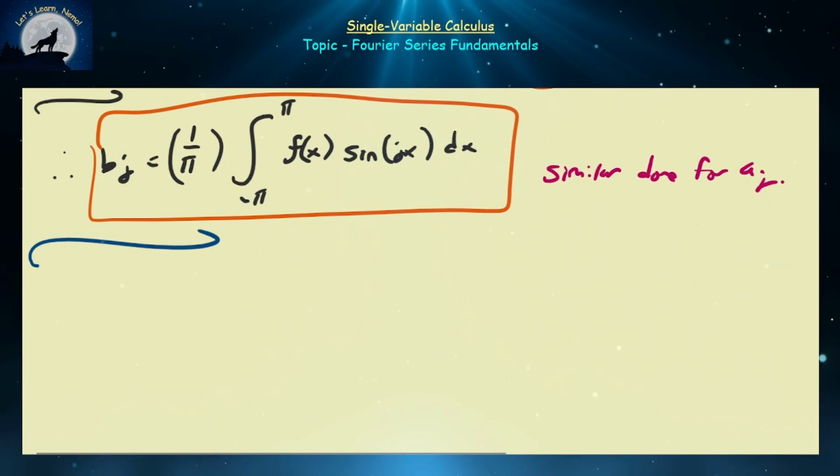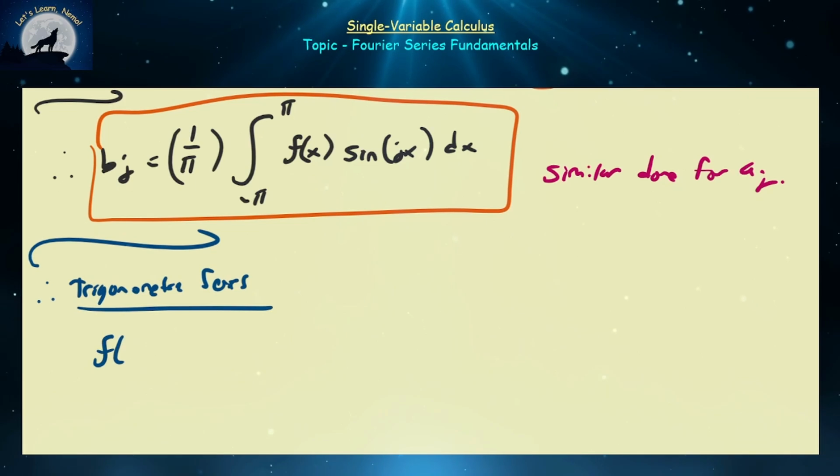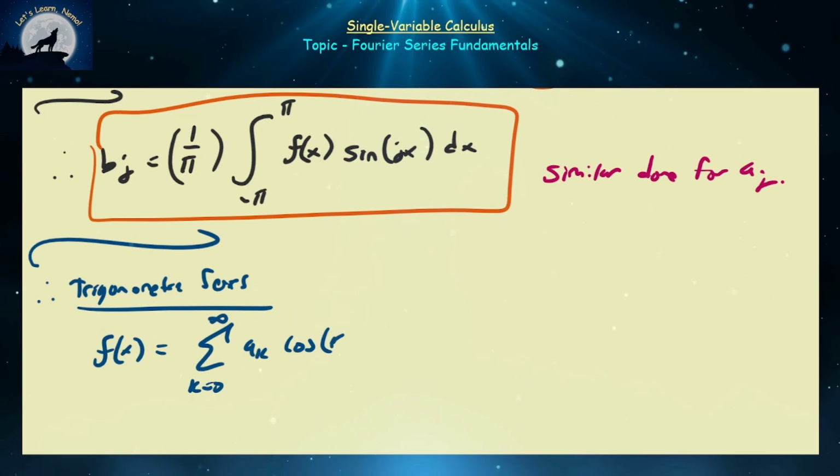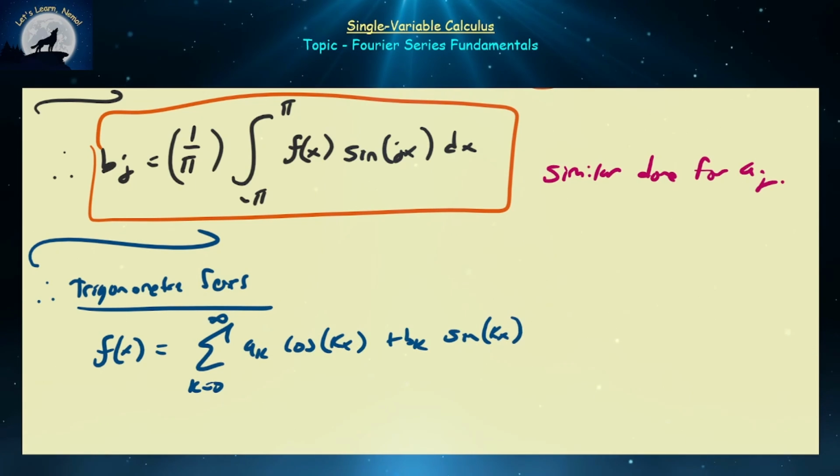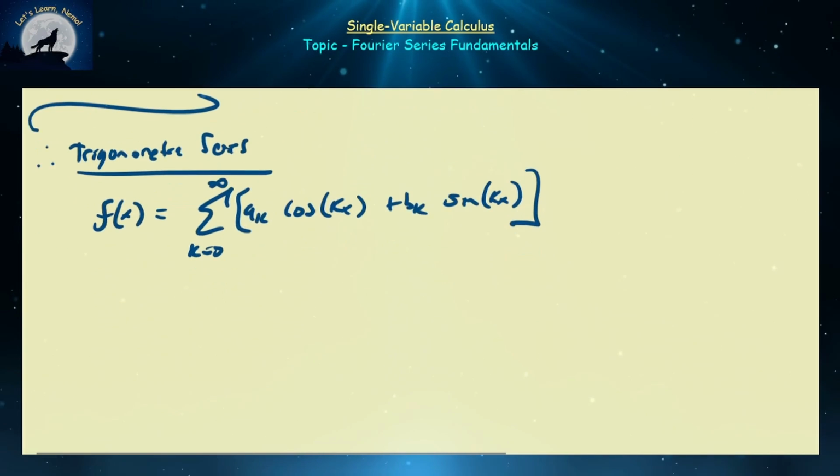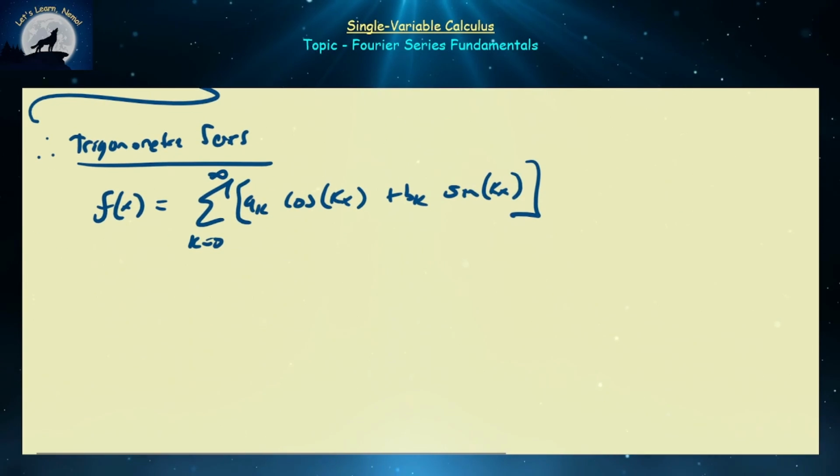So once we have that, what are we going to have? We have this trigonometric series given by f of x is equal to the sum from k equals 0 to infinity of a_k cosine of kx plus b_k times the sine of kx. And now we have the special terms for a_k and b_k. So this is what we refer to as a Fourier series.